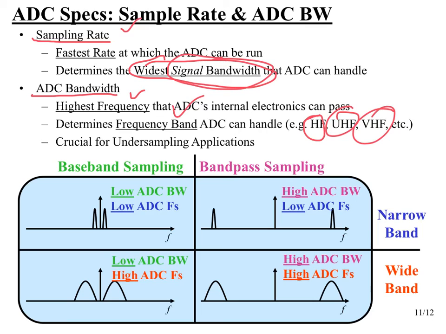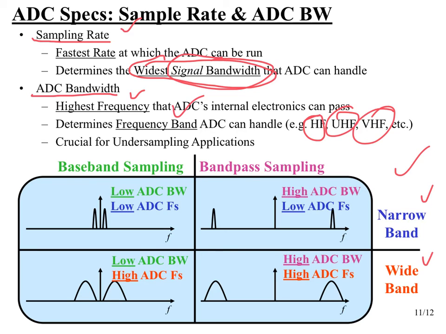When you're doing undersampling applications, which is what bandpass sampling is, we are undersampling because we're sampling slower than twice the highest frequency. This little graphic gives us an idea of the difference between baseband sampling and bandpass sampling, with narrow band signals and wide band signals.